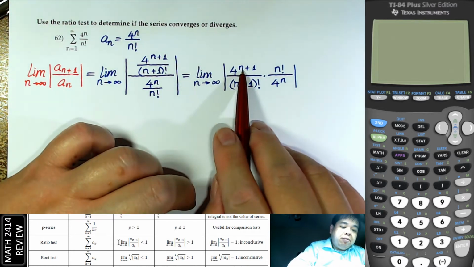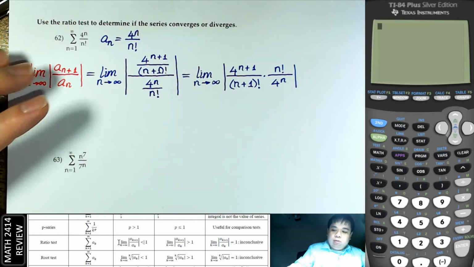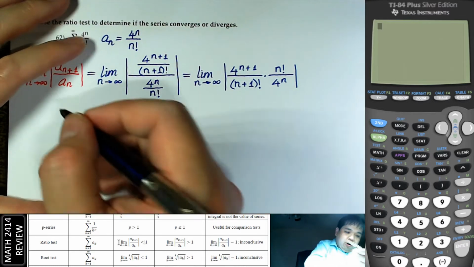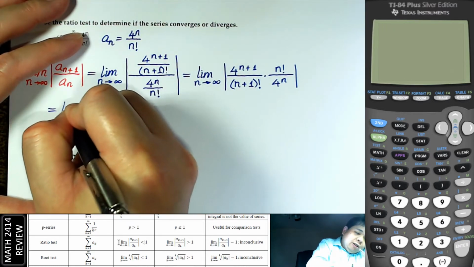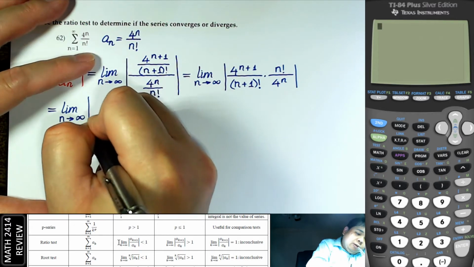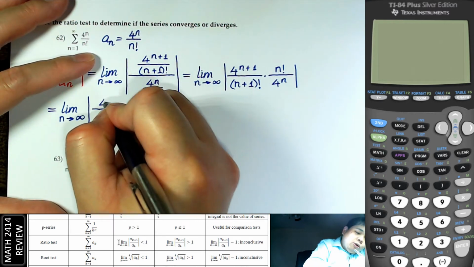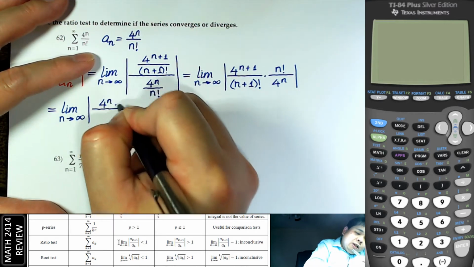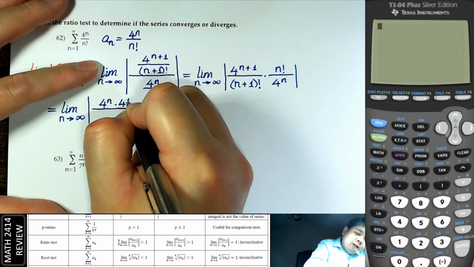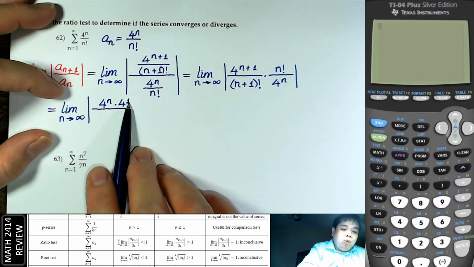The 4 to the n plus 1 is 4 times 4 to the n power, or I will split as follows. Now 4 to the n plus 1 is 4 to the n times 4 to the first. Right? When we multiply two things of the same base, we add the exponent.